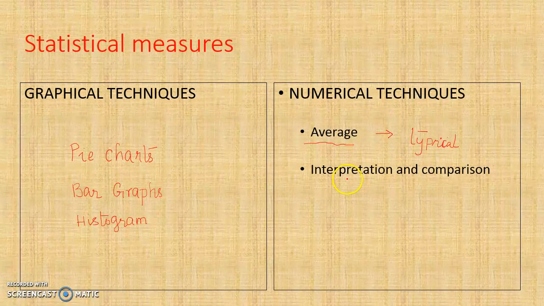This average makes interpretation of data and comparison of data easier. The main keywords which you need to remember in numerical techniques are mean, median, and mode. You will be learning about these techniques in the coming session.